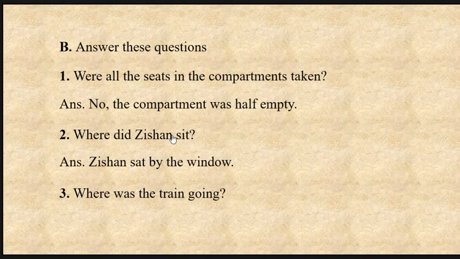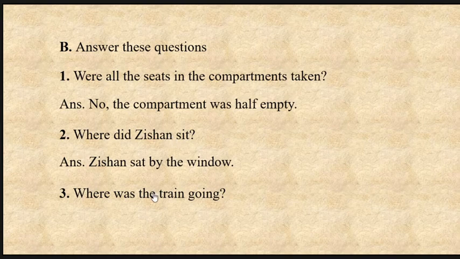This is asked to puzzle you, because in the passage it is written that the children sat by the window. The children means Zishan and Julie. But the question is about Zishan. So Zishan also sat by the window. So the answer is Zishan sat by the window.